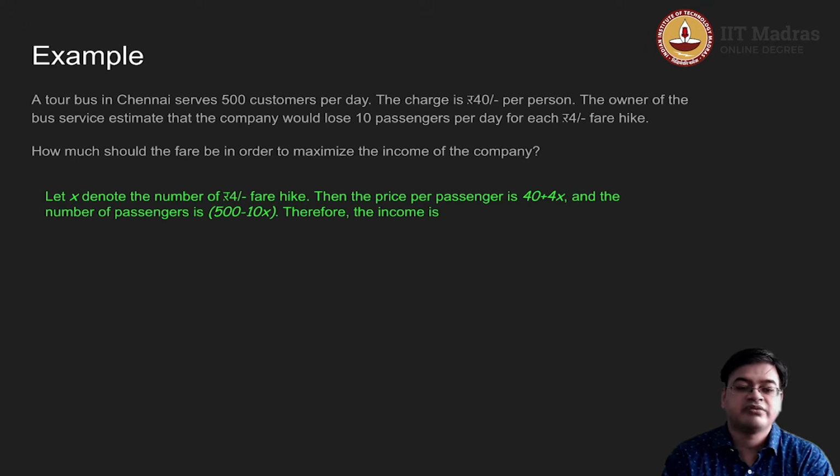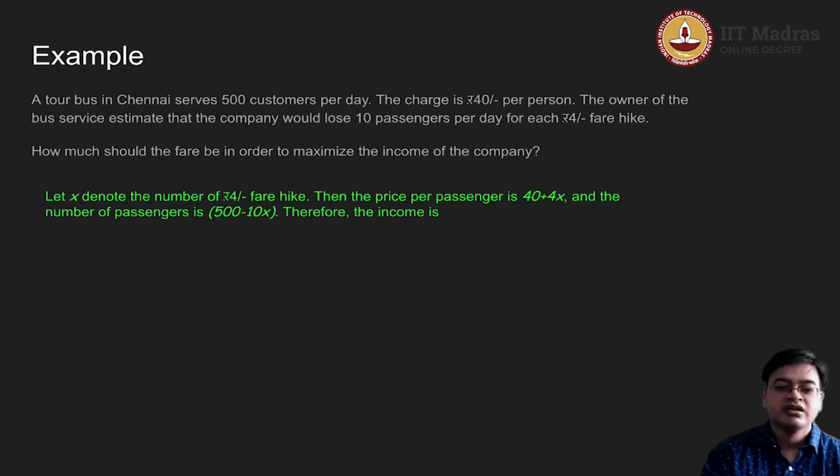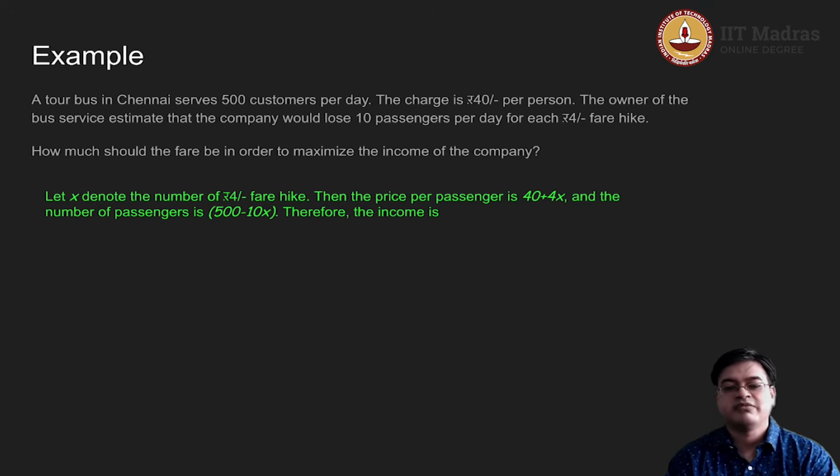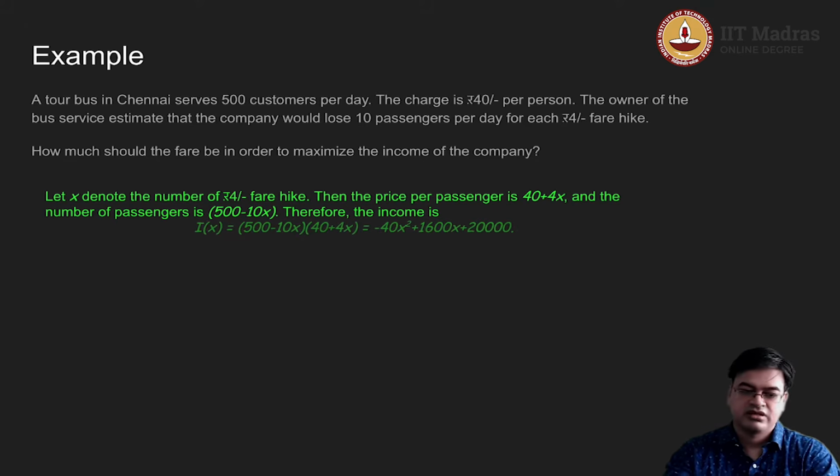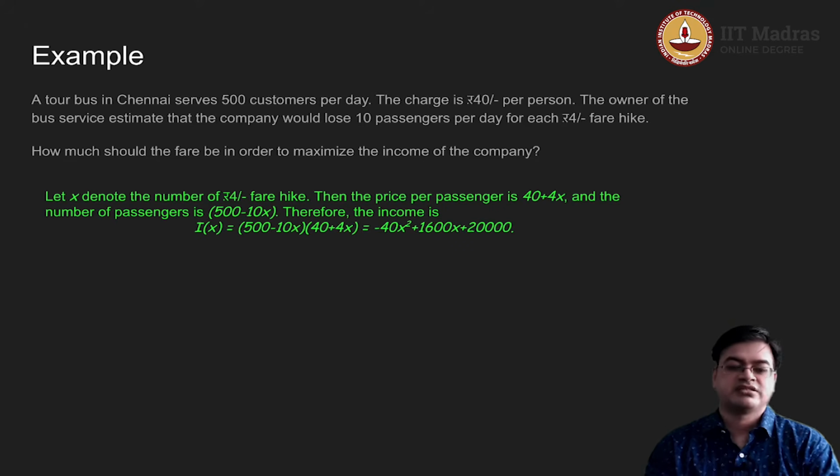That means 500 minus 10x is the number of passengers that still remain. So the income of the company will be the number of passengers times the fare they have charged. Right? So that is (500 minus 10x) times (40 plus 4x).